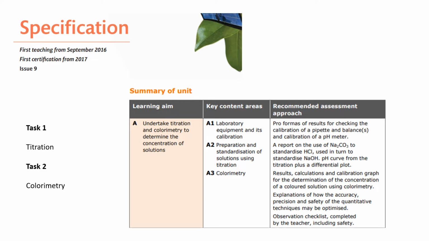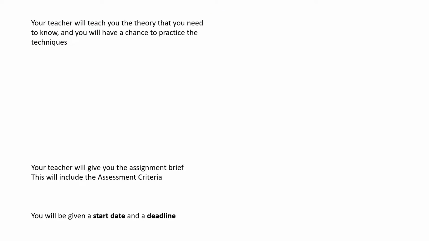This summary of the unit, don't even look at it. It'll confuse you. Basically, your teacher should teach you the theory that you need to know. So what they should really do is teach you a bit of chemistry. Before you start doing titrations and calculations, you need to understand what you're doing.